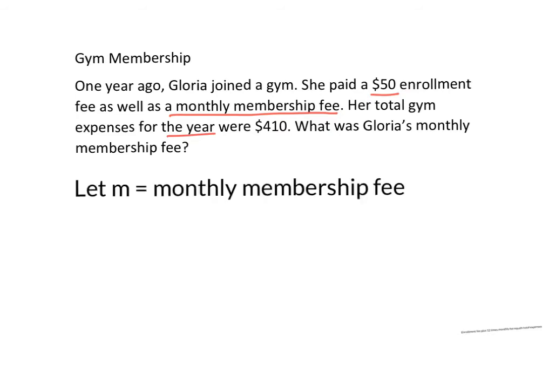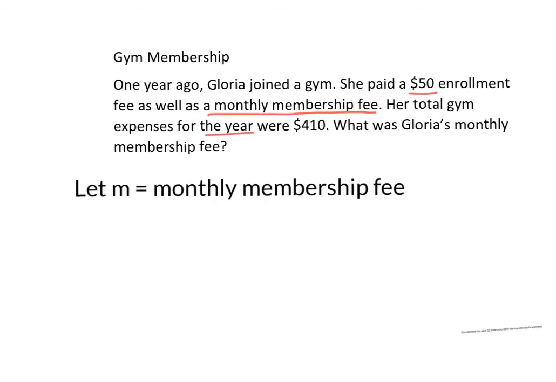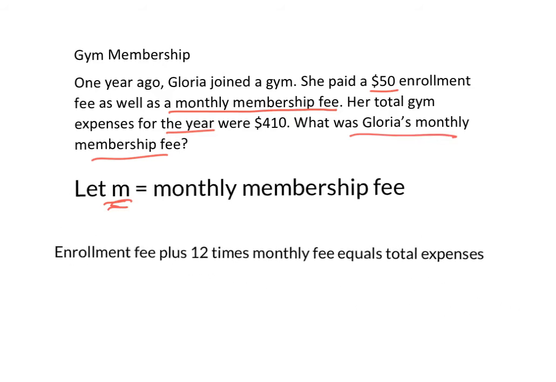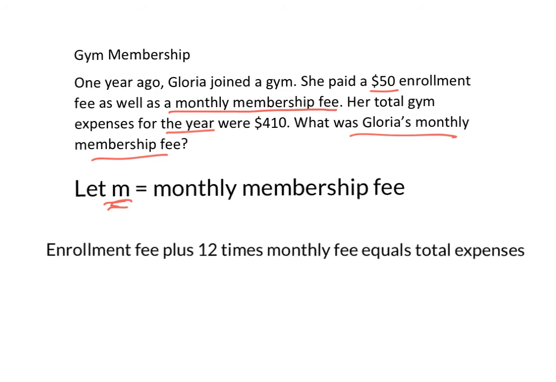So we're looking for Gloria's monthly membership fee, right? So let's call it M, as in monthly membership fee. And let's take this statement here: the enrollment fee plus 12 times monthly fee equals the total expenses.